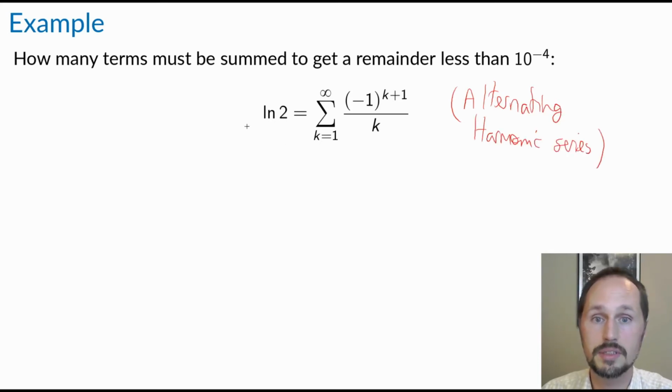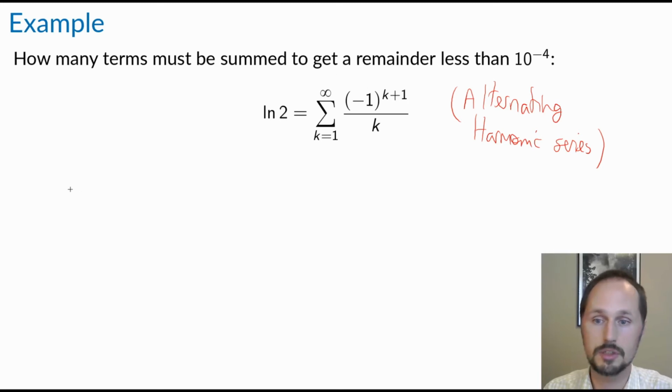The book tells us that the limit of this thing is the natural log of 2. It's not important to know that, but it's a fun fact, and we will see this again in the material from Chapter 11. This is a little foretaste of Chapter 11 material. But really here, all we're doing is looking at this alternating harmonic series, and we want to understand how to get an error term that's small.